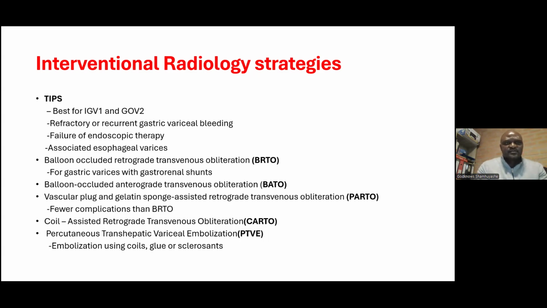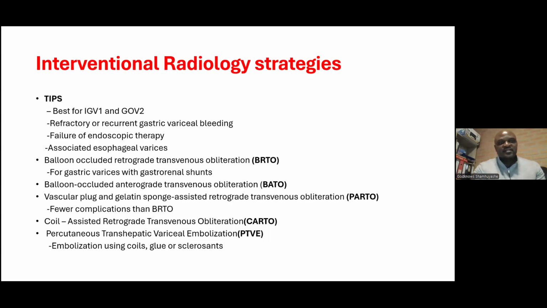Other interventional radiology strategies include balloon-occluded retrograde transvenous obliteration, that's your BRTO, for gastric varices with gastrorenal shunts. Then we have balloon-occluded antegrade transvenous obliteration, which goes through the portal vein. And also you have your vascular plug and gelatin sponge associated retrograde transvenous obliteration, the PARTO.